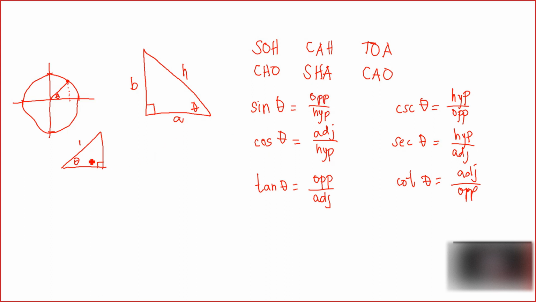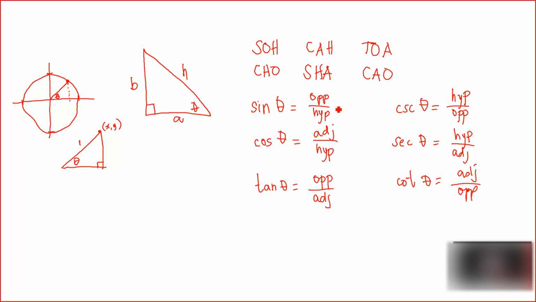Remember that the opposite of the angle theta here is this one, and its length corresponds to the y coordinate, because remember that we have the point (x, y). The length of this side of the right triangle is actually the y coordinate.